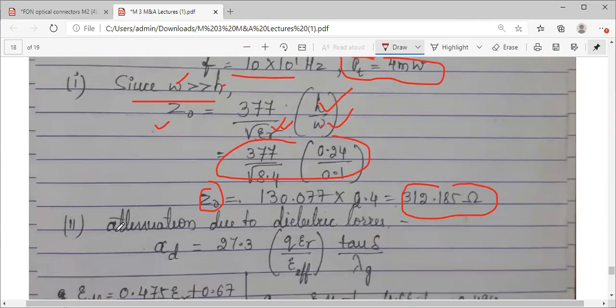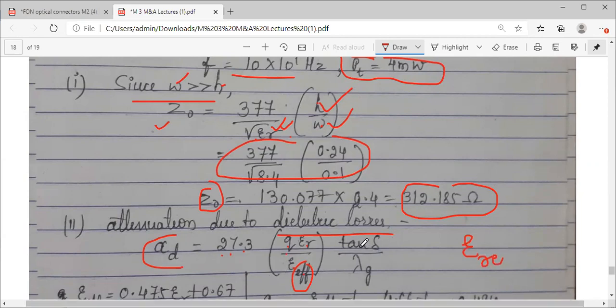Coming to the second one, attenuation due to the dielectric loss, that means alpha d, we have to calculate. The alpha d equation we already know: 27.3 q epsilon r by root epsilon effective, tan delta divided by lambda g. Here I have taken the symbol epsilon EFF; in your theory sessions you have taken it like this.